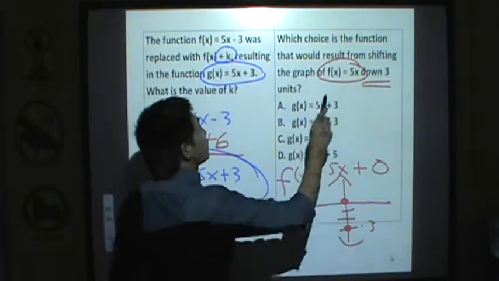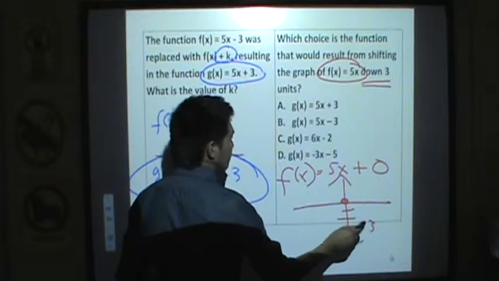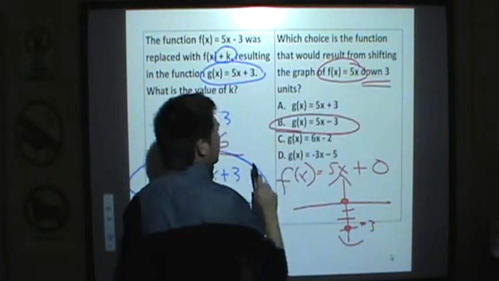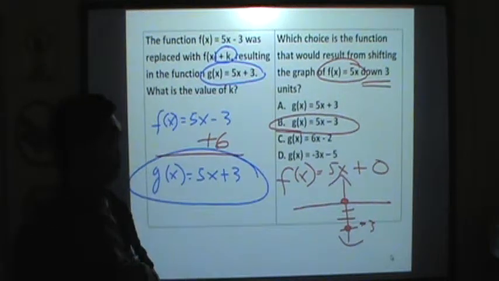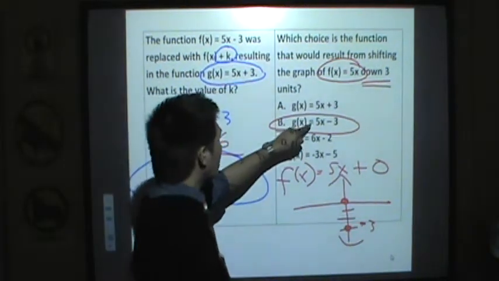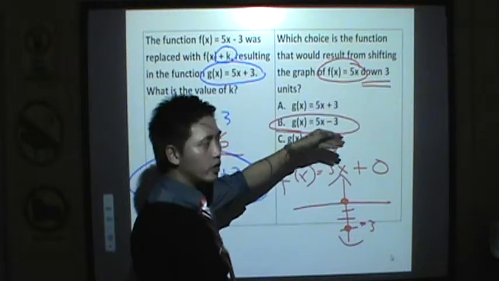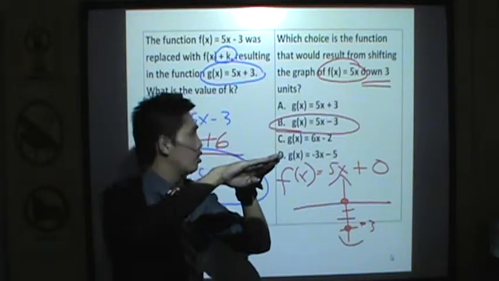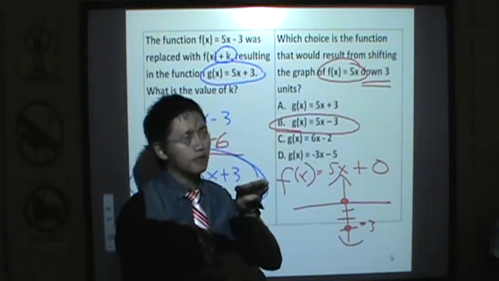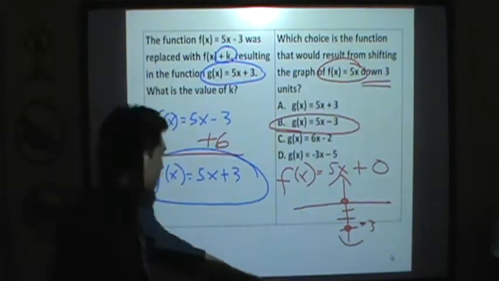That's why you copy the 5x and then put -3 after it, and that will become your new graph. To verify, use your calculator by pressing y equals and then 5x minus 3. You will see that the graph really goes down 3 units, and the y-intercept is -3.